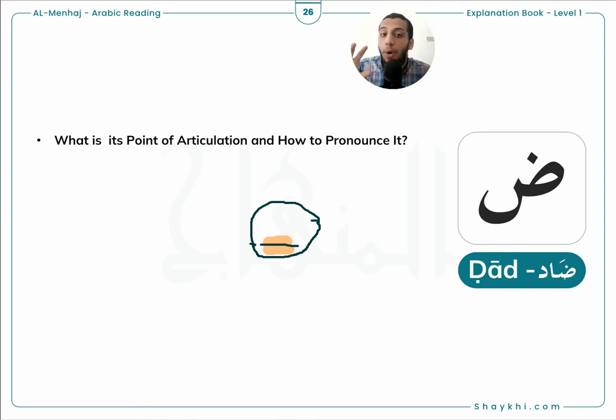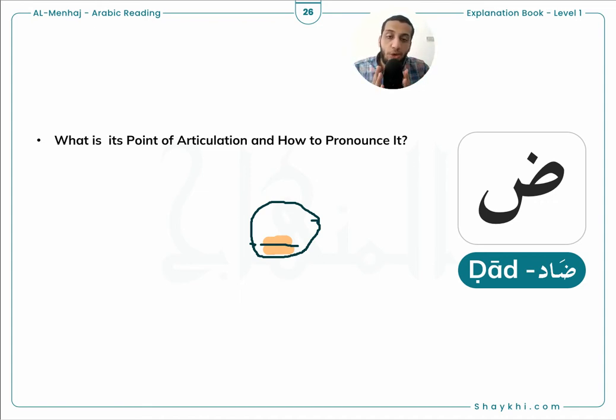The side of the tongue touches what? The side of the tongue touches the molars. So one or more back sides of the tongue touch the molars and the next area, which is the gums.